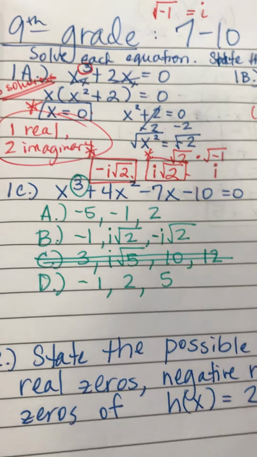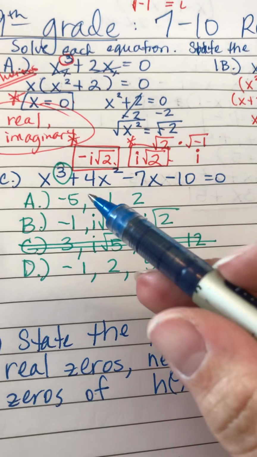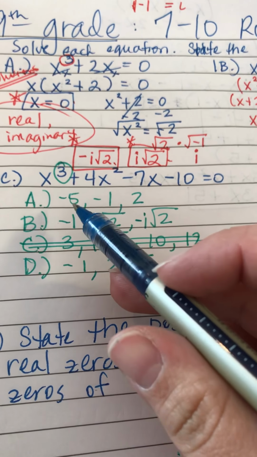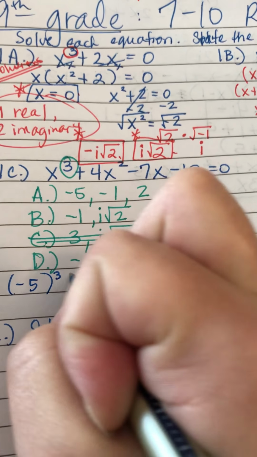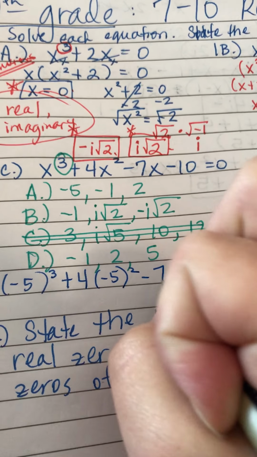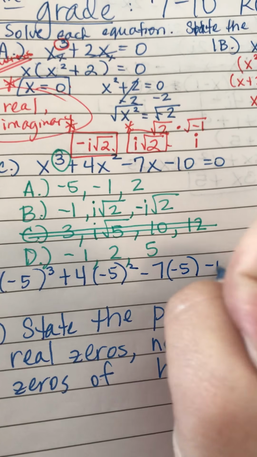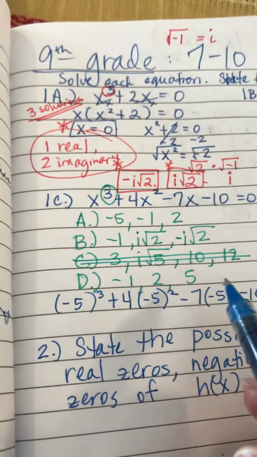Then we have numbers here. So if I put the numbers in for x and see if they equal 0, then I can find my correct answers. So if I have negative 5, I would have negative 5 cubed plus 4 times negative 5 squared minus 7 times negative 5 minus 10. And I would put all of this into the calculator.